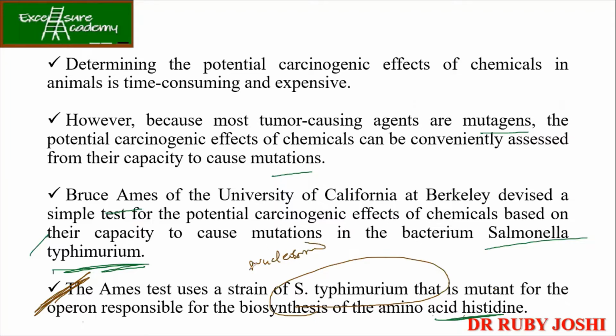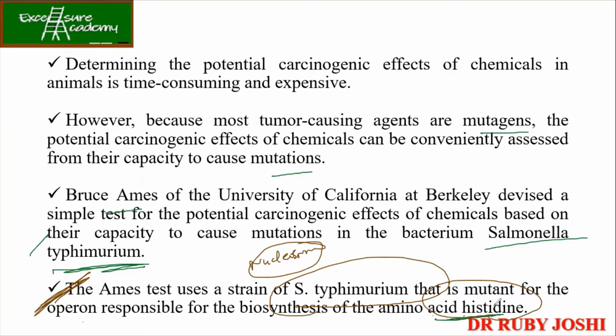It is only present in eukaryotes, and it has nothing to do with the packing. When I say Salmonella typhimurium is mutant, what does that mean? It cannot biosynthesize histidine. Is the sentence clear? It is a mutant for the operon responsible for the biosynthesis of the amino acid histidine, that is, it cannot synthesize histidine.